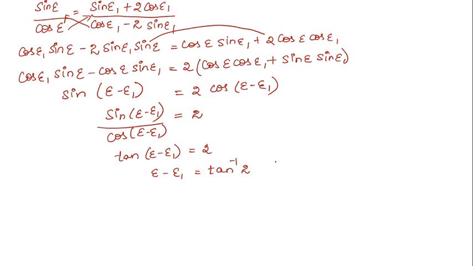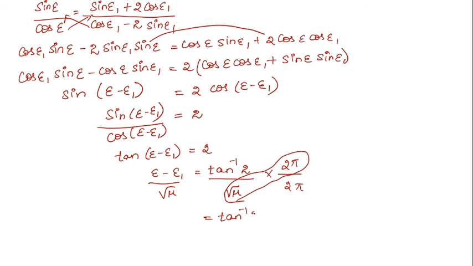So we can multiply and divide it with root mu. So it will be root mu and root mu. Okay, it will not change the value, and you can multiply and divide it with 2 pi also. It will also not change the value, and you can combine these two terms together, right? So it will give you tan inverse of 2 by 2 pi into 2 pi by root mu, which is equal to epsilon minus epsilon 1 divided by root mu.